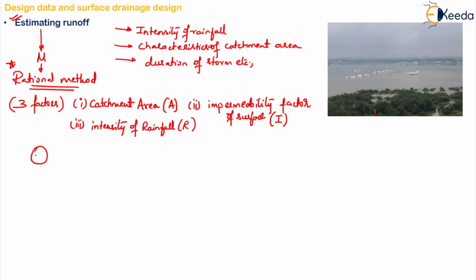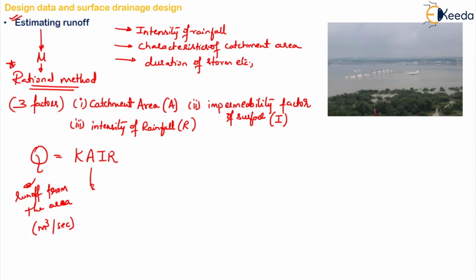So the general equation will be Q, the runoff from the area. Q is given by KAIR. This runoff is in meter cube per second, right?